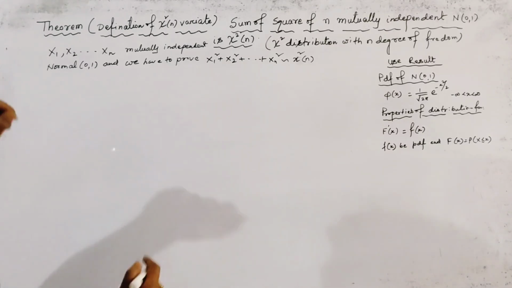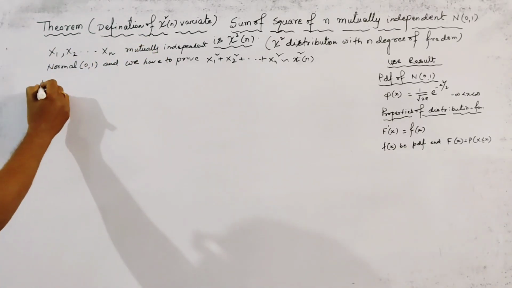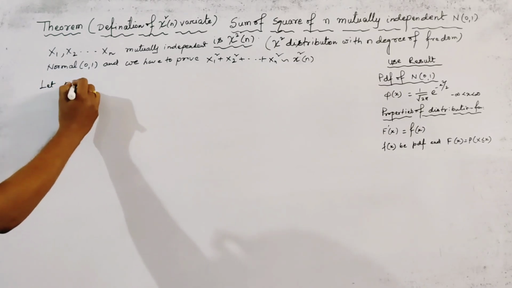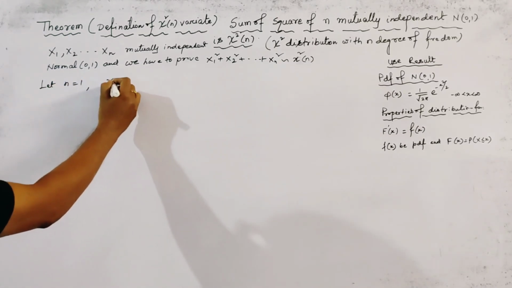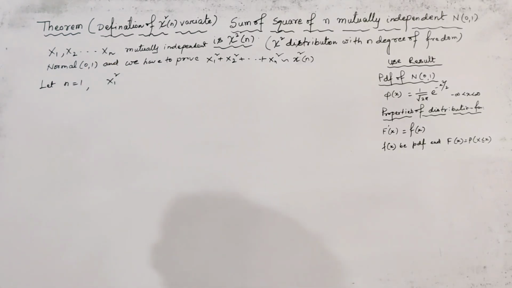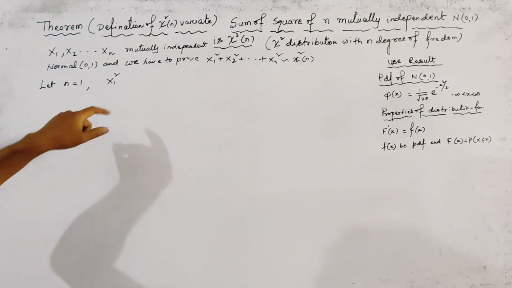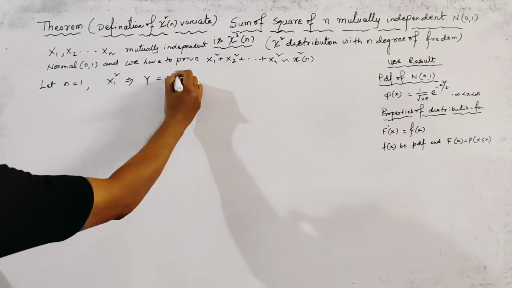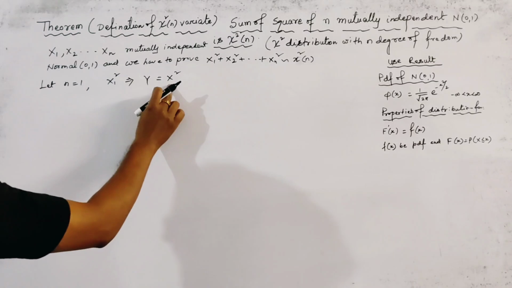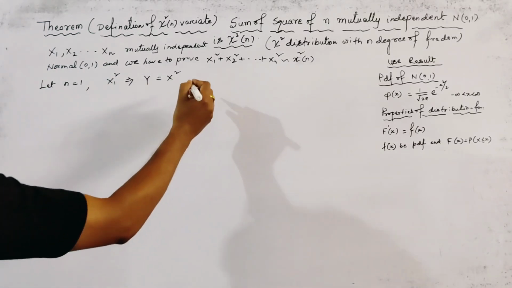And we know that for the principle of mathematical induction, let first n equal to 1, and in this case we get x1 square. Since there is only one random variable, we can take y equal to x square. We write x square in place of x1 square.